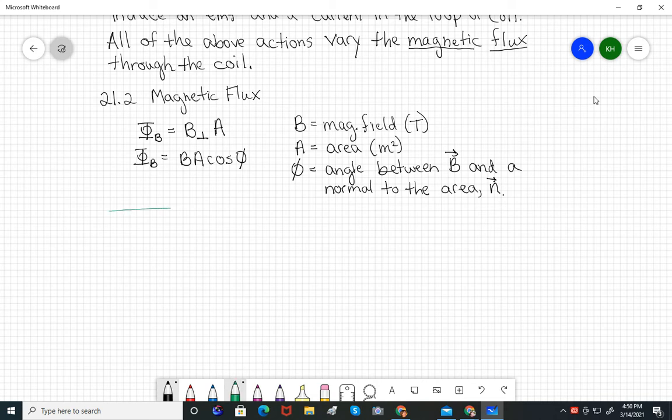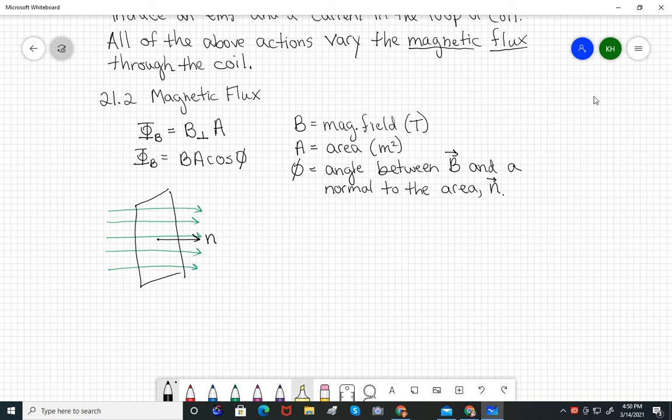So let's suppose we've got a magnetic field. It's uniform. It points directly to the right. If I have some surface that I put perpendicular to this, then the normal would point in this direction.